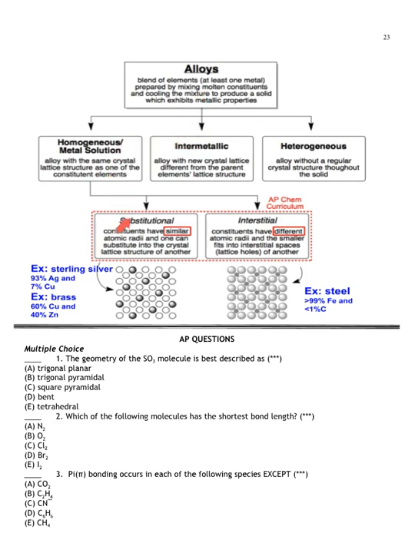So let's take a look at what AP will address. There's two types of alloys that you will need to know. There is a substitutional alloy, and that's when you take constituents that have similar atomic radii, and then you replace it and substitute it into the crystal lattice structure of another metal.